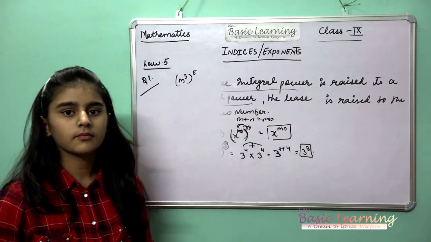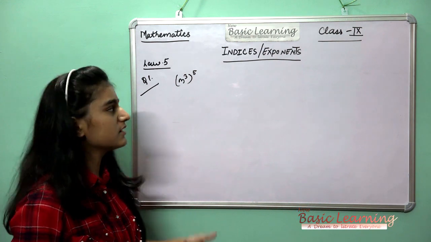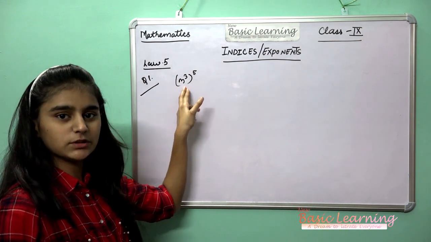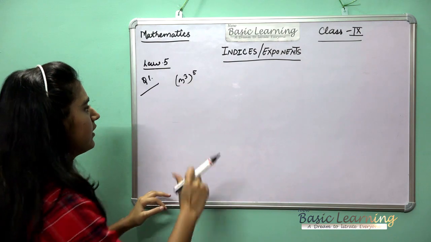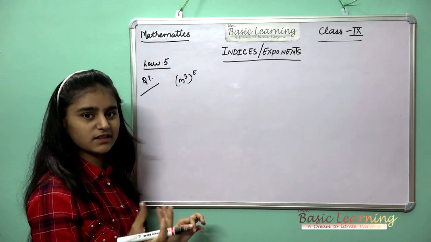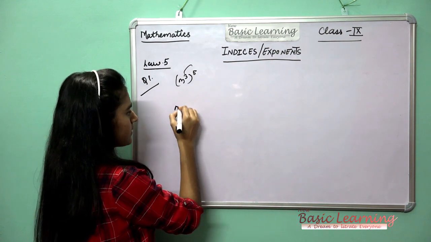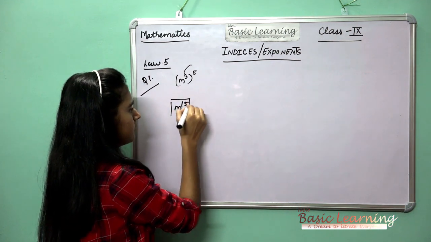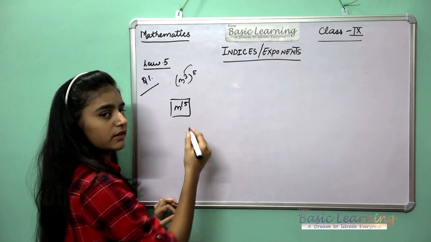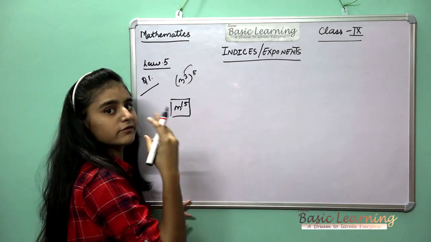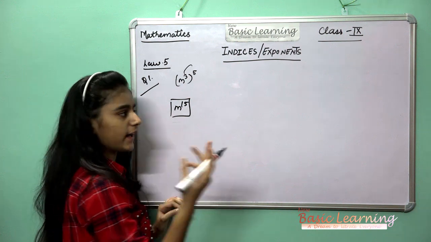Now let's solve the question. Now the first question is (m^3)^5. So you can see easily that when we multiply 5 by 3, it will give 15. So this is the answer. Or you can write it by this also, that 5 3s are 15. So you have to write 3 times 5.